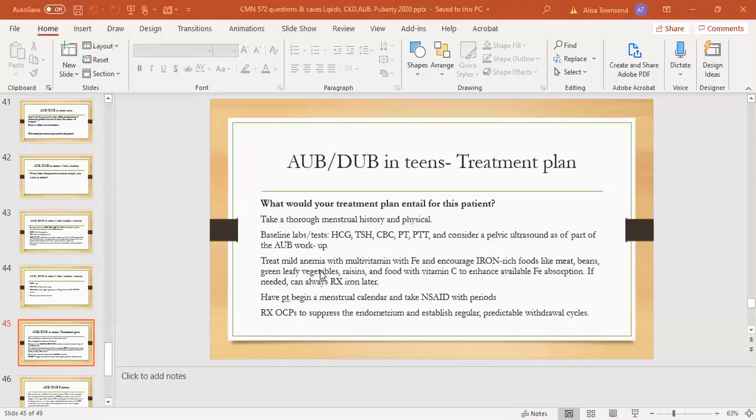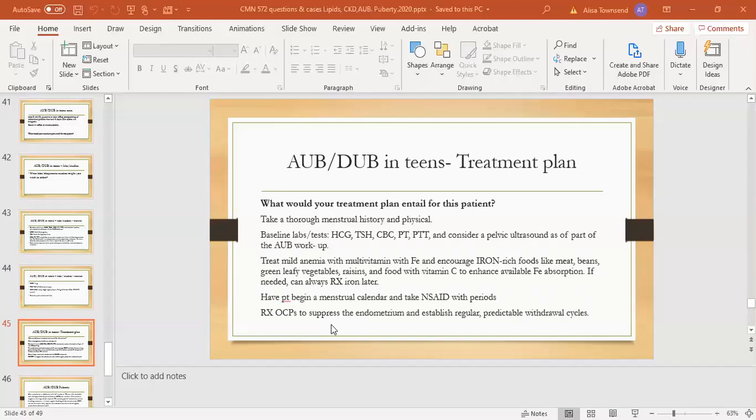So you see with this person, you got the menstrual history, and you did the physical, and you've got your baseline labs, and you did all this stuff, and the treatment of anemia, and you've gotten a lot of good information with this one. You want to treat their anemia with multivitamin, and maybe with iron included with that, and encourage iron-rich foods.